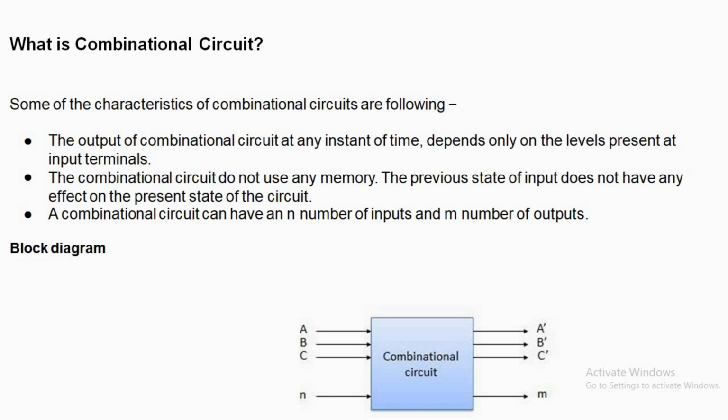The previous state of input does not have any effect on the present state of the circuit. And last, a combinational circuit can have n number of inputs and m number of outputs. This is the block diagram of a combinational logic circuit. There are n number of inputs and m number of outputs.